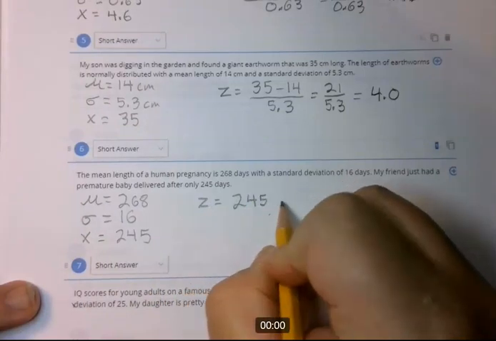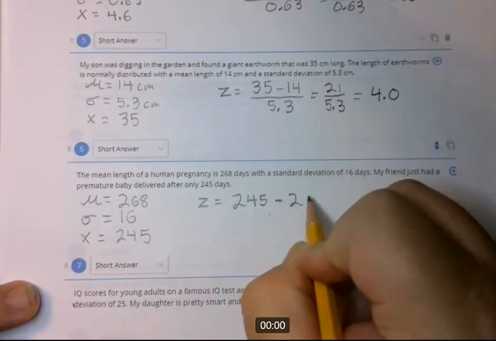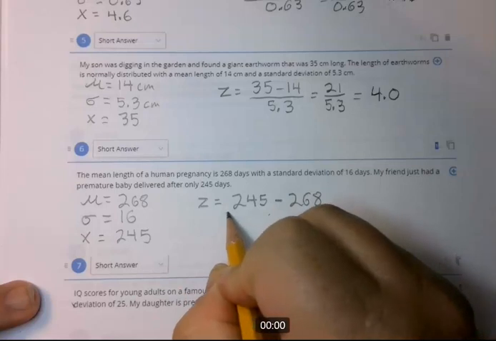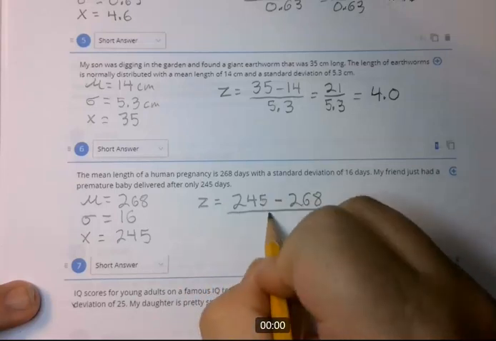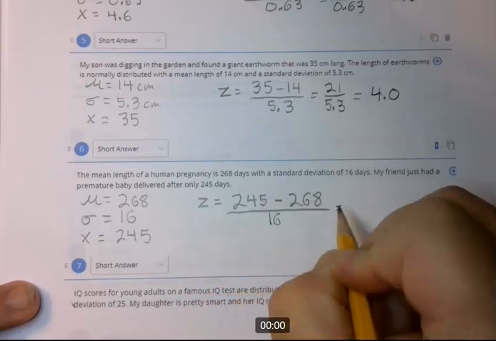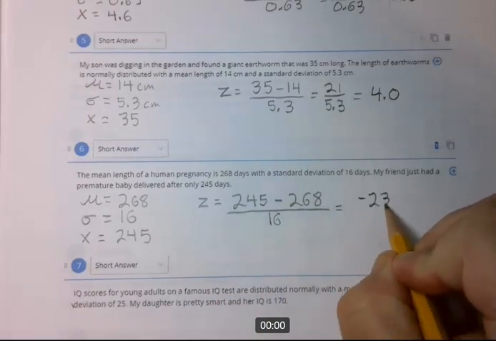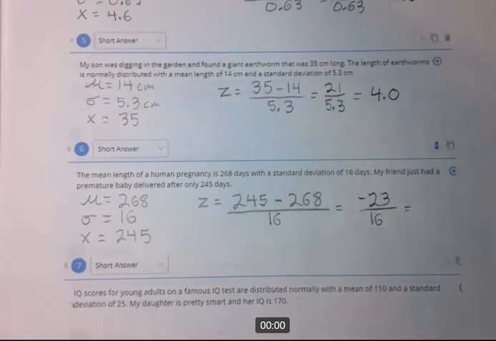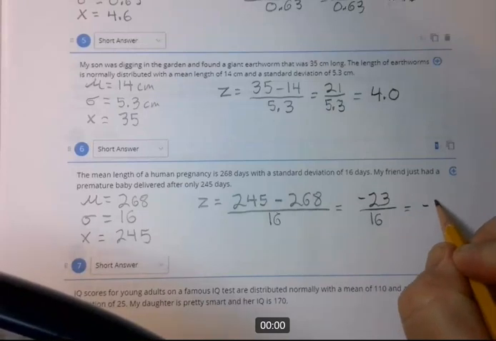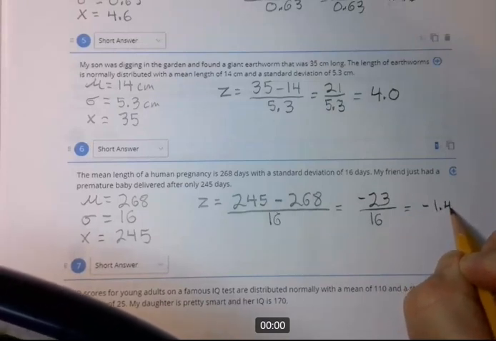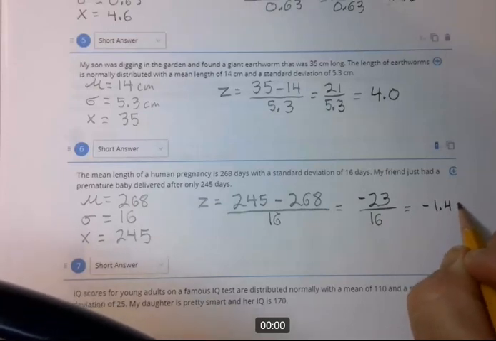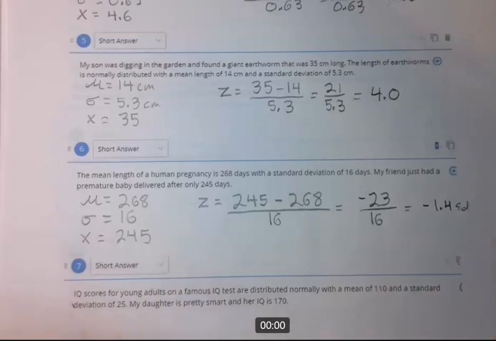That's the actual value, the mean is this, and the standard deviation sigma. And that gives you negative 1.4 standard deviations below the mean. Okay.